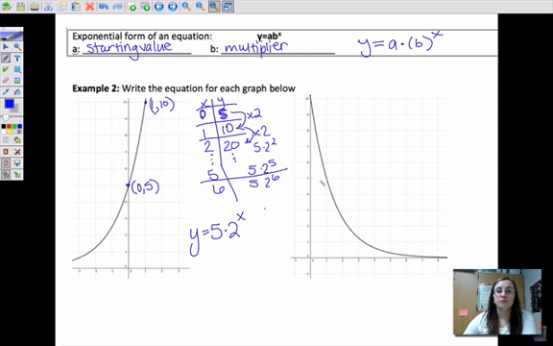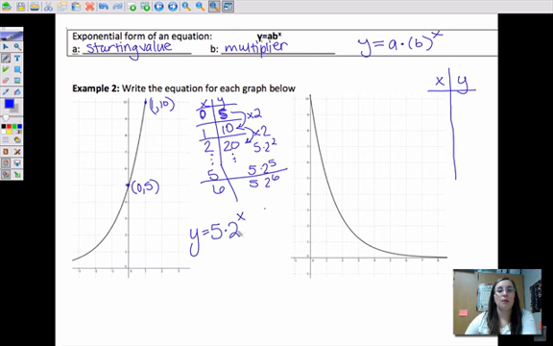All right. Looking at my next one, I've got a decaying function. I've got something that's going down. Instead of exponential growth, where it's getting bigger, it's getting smaller. So I'm still going to make a table, but my multiplier this time is going to be smaller than 1.